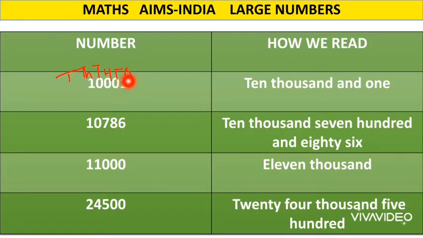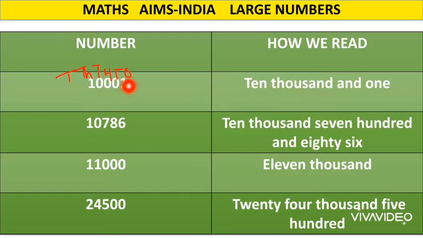Here 1 is at ones place, so its value will be 1 only. And here all the other digits are 0 except for this first digit which is 1, which is at what place, children? 10,000. The newest place value we have learned, 10,000. 1 is at 10,000's place, so the place value of 1 becomes 10,000.